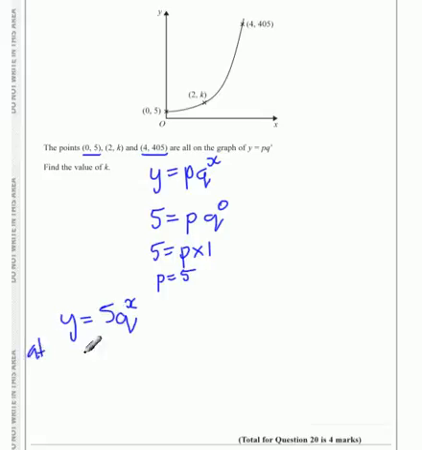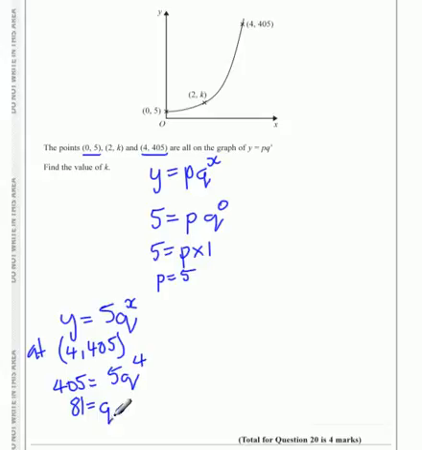Then we're going to use this next coordinate and sub that in. So at 405, subbing in 405 for the y value, and then 4 for the x value is going to give us this. We need to work out what q is from here. So we can divide by 5. 405 divided by 5 is 81.